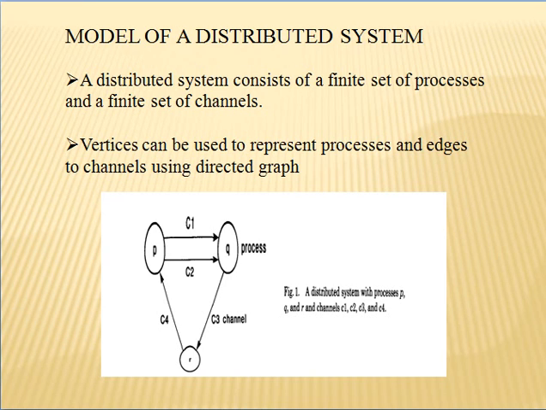P and Q are connected by C1. P can send messages through channel C1, and Q can also send messages through the C2 channel, and the C3 and C4 channels connect P and Q with process R. They can communicate with these channels.